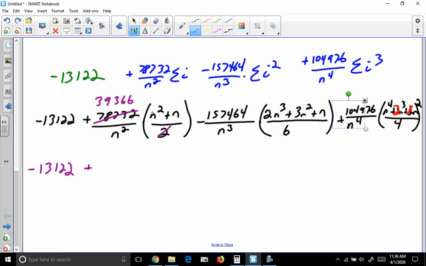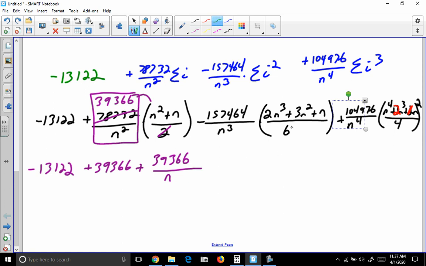We can divide each of those by n squared, or we could say take this times that. And when we do this fraction times that, the n squared and that one cancel out, leaving us 39,366. When we do that times this one, this n and one of those n's will cancel out. So that's going to give us an n on bottom, 39,366 on top.